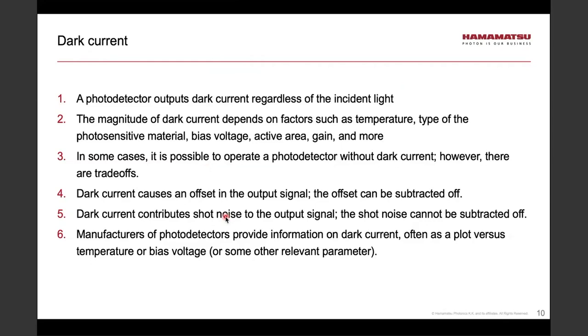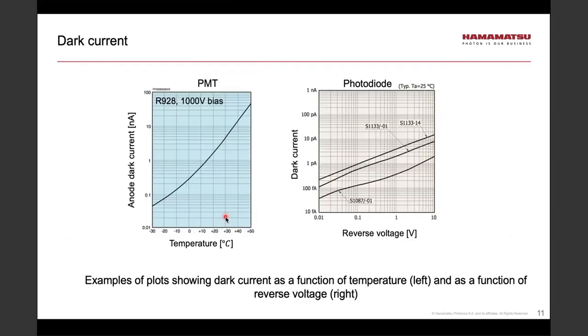Manufacturers typically provide some information on dark current in the form of plots. What's plotted against what will depend on which parameter is most relevant. Thus, on the left-hand side, you see a plot of anode dark current for a PMT as a function of temperature.